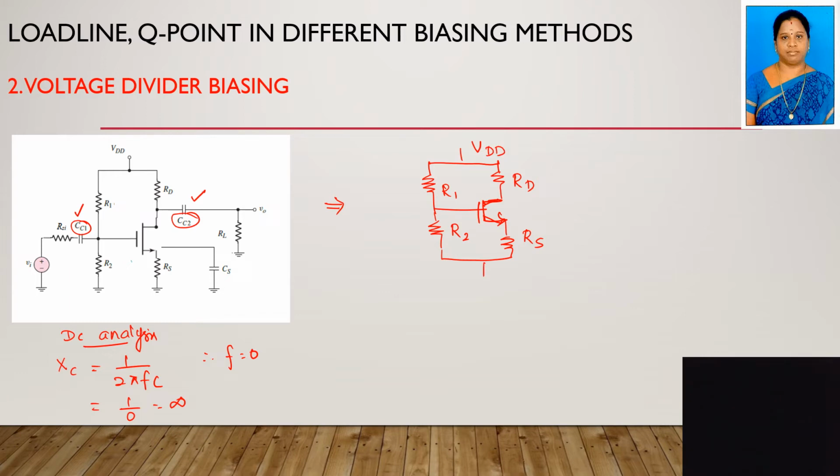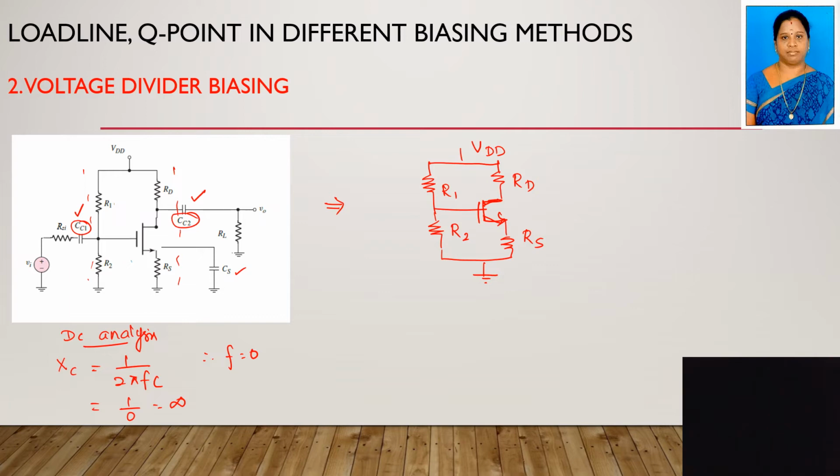Here we have ground. All the grounds are connected together. After open circuiting the coupling capacitors, you have only this circuit. And here also we have to open circuit the source capacitor, so you have only this RS.